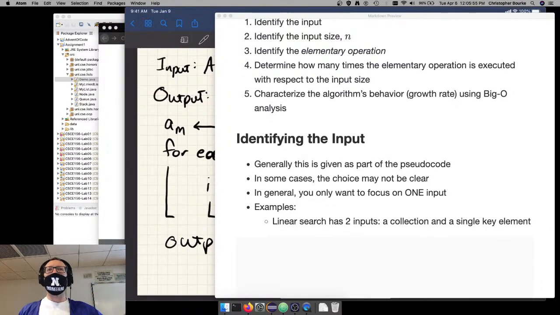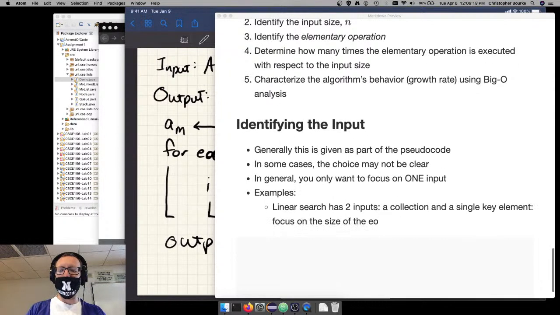Versus I want to search another collection of 10 billion elements, and I still want to search for 5. Is there going to be a difference in performance between those two? Yeah? Is there a difference in the number of keys? There's just one key, right? What's the real difference? The size of the collection, right? Focus on the size of the collection.